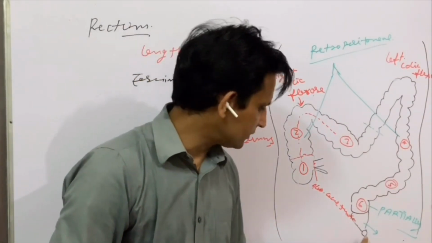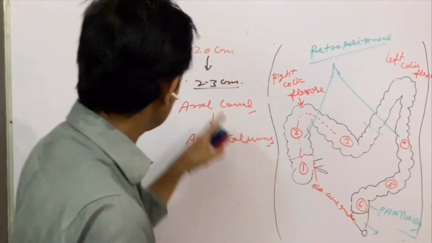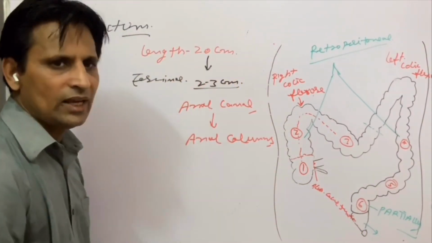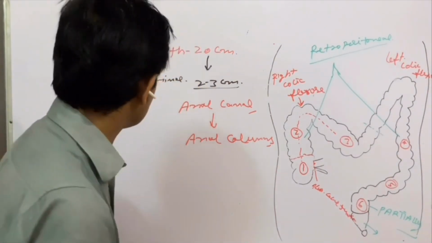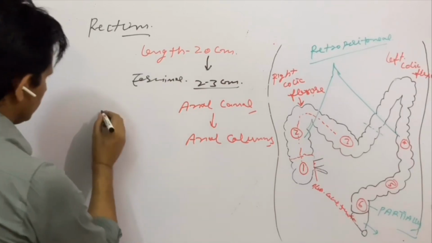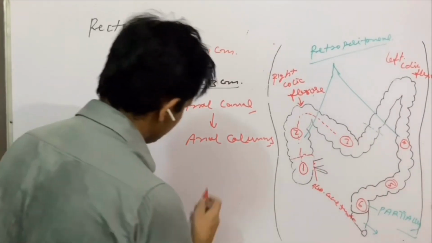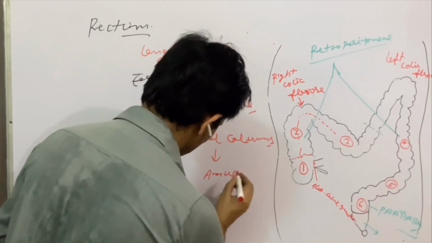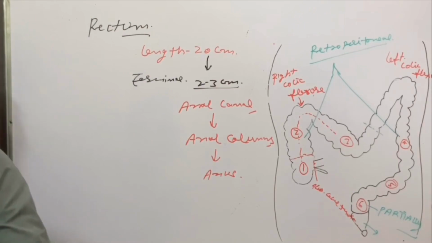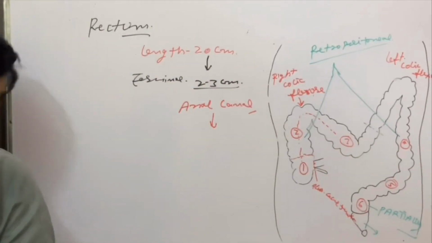Now the opening to the exterior, you can see here. The opening of this rectum to the exterior is actually known as the anus. Anal canal and anus.